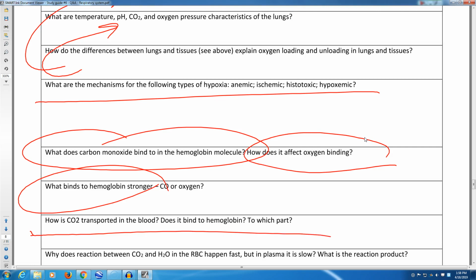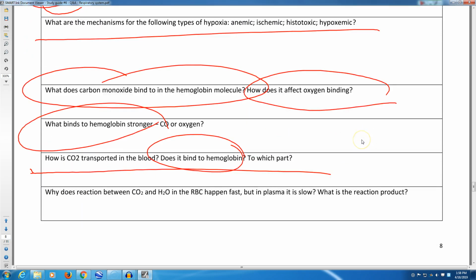How is CO2 transported in the blood? Dissolved in plasma, bound to protein in hemoglobin, forming carbaminohemoglobin. Yes, it does bind to hemoglobin, to the protein part. And in the form of bicarbonate.